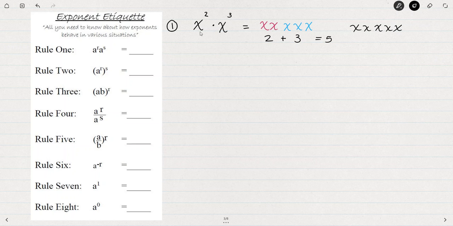And if we expanded this x squared times x cubed, that's exactly how we could get the end result, and it would be x to the 2 plus 3, or x to the 5th.